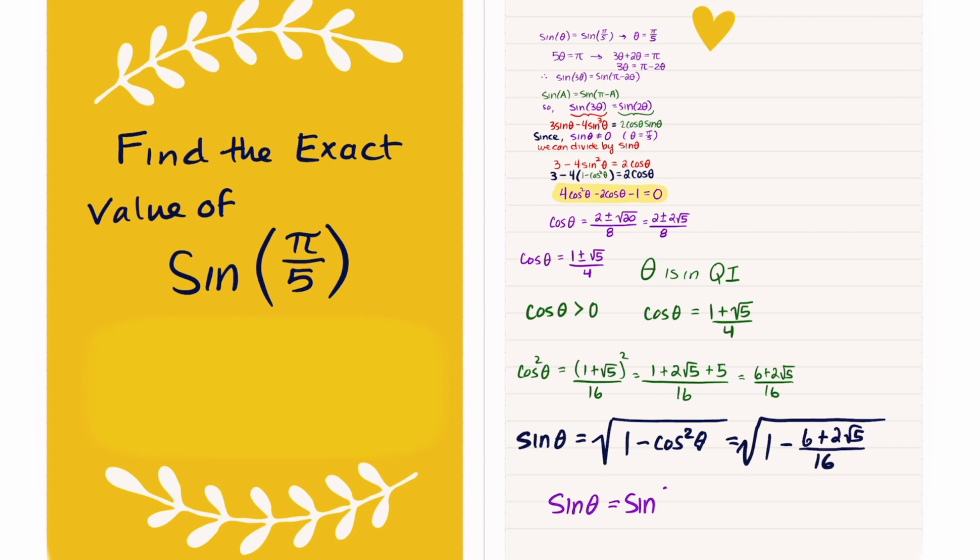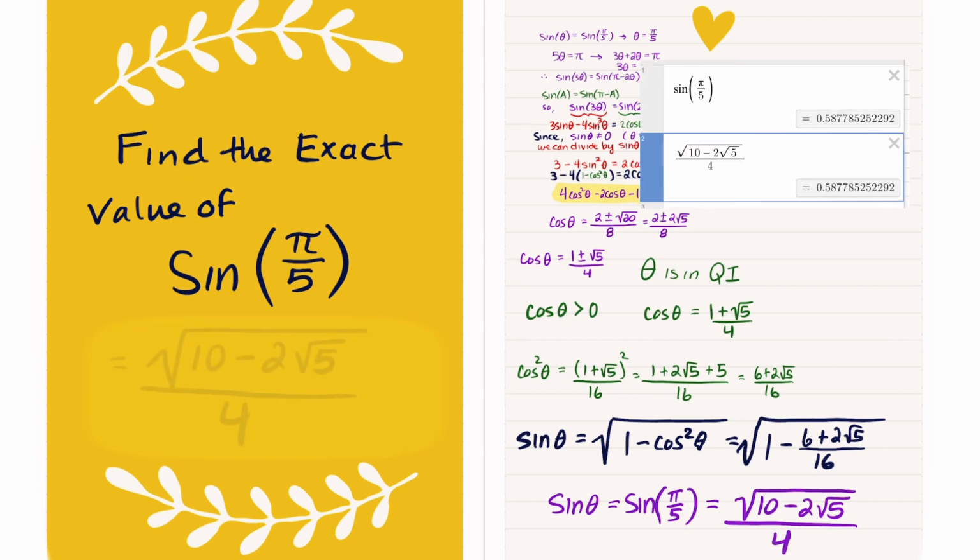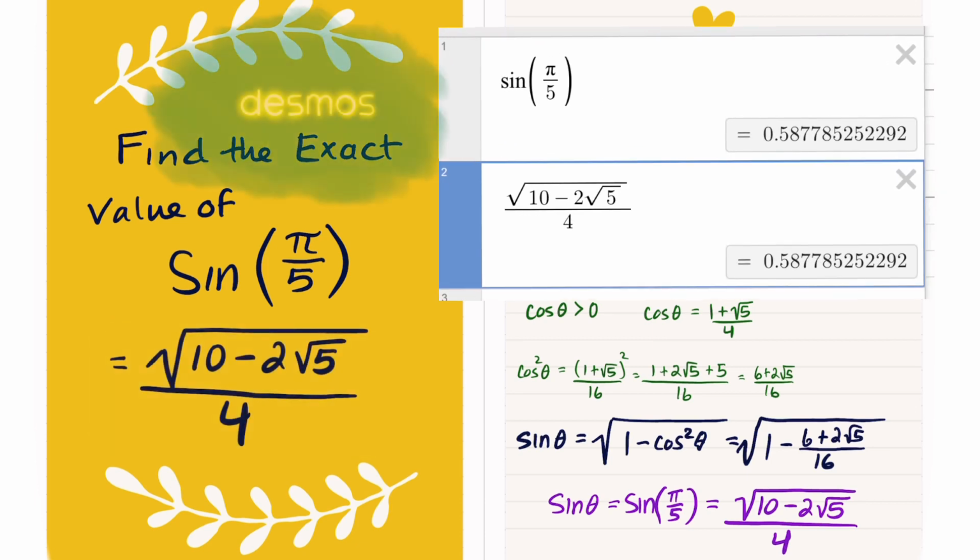And with a little bit of algebra and simplification here, we can write that the sine of pi over 5 can be expressed as the square root of 10 minus 2 radical 5 all over 4, and that is the exact value, which we confirm with Desmos.